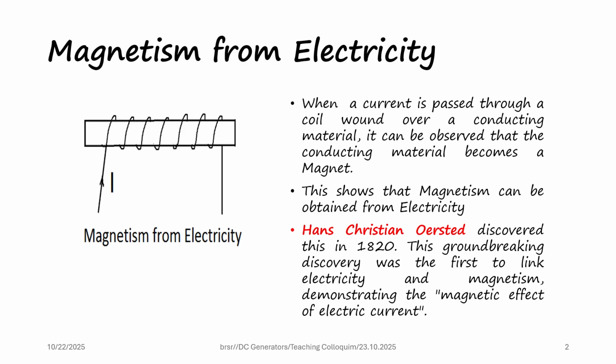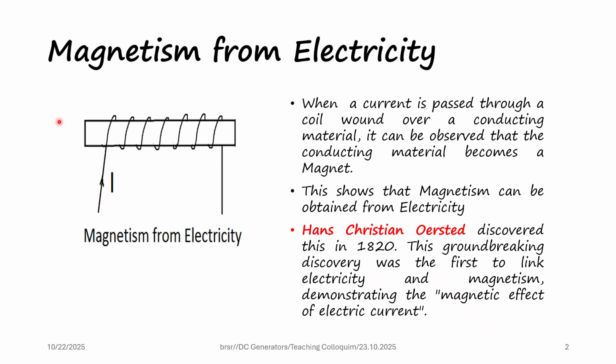Before we understand the constructional details of a DC generator, it is very important to know the basic concept of how magnetism is obtained from electricity. To understand this, have a look at this image, where there is a conducting material on which a coil is wound and a current is passed through it.